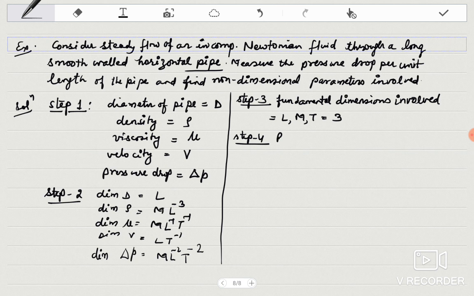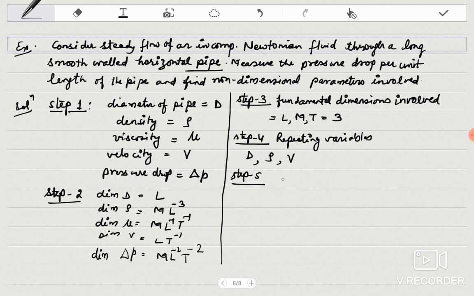So suppose I take repeating variables as D, and then density, and then velocity. These 3 are the repeating variables. Now step 5.